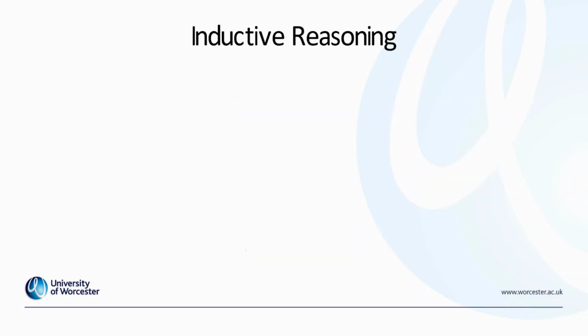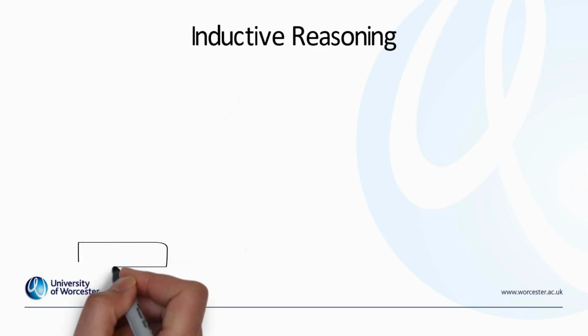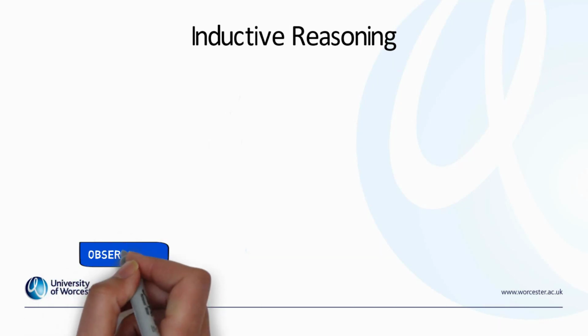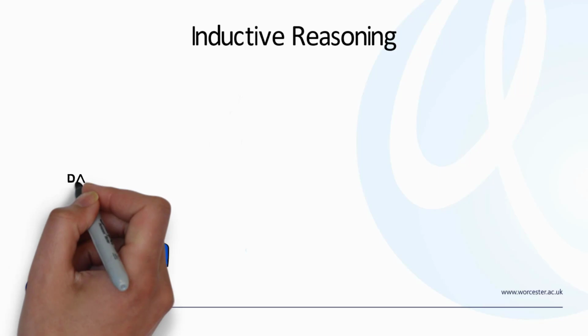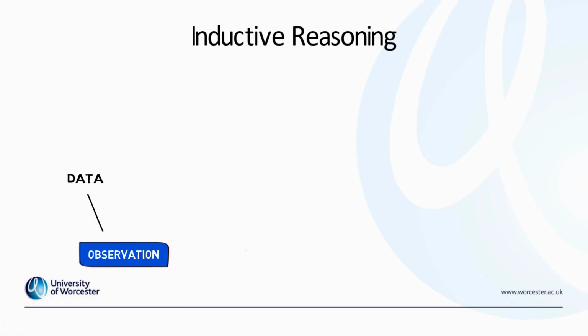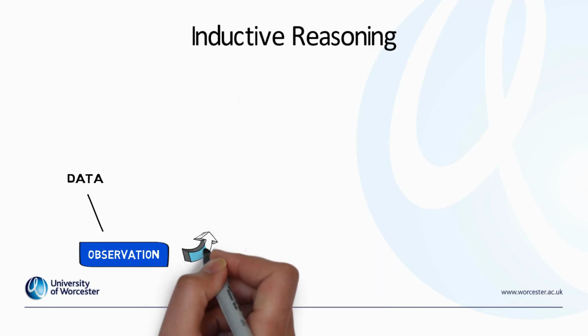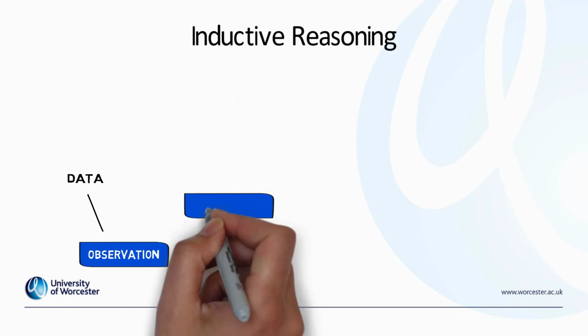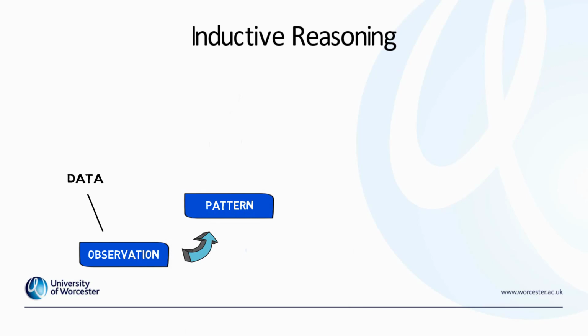So with this approach, using inductive reasoning, we start off observing the world around us and collecting data to show what is happening. We then look at this data to look for any patterns that emerge within the data set we've collected.